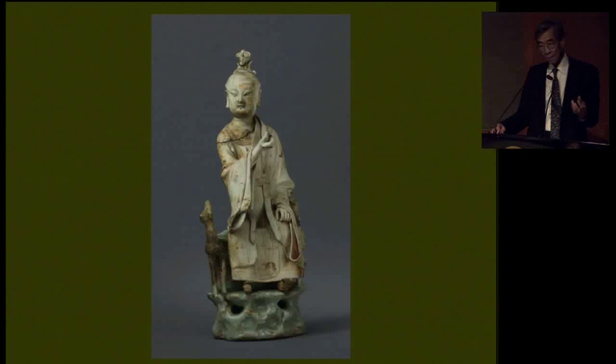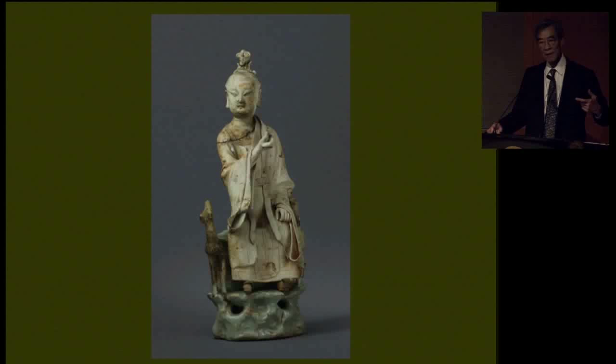Now, I'm not going to deal with religion, although there's a big section on religions in the exhibition. Suffice to say that Taoism, a native Chinese religion, was at its greatest ascendancy during the Yuan period for various reasons. And you have little sculptures of Taoist figures.